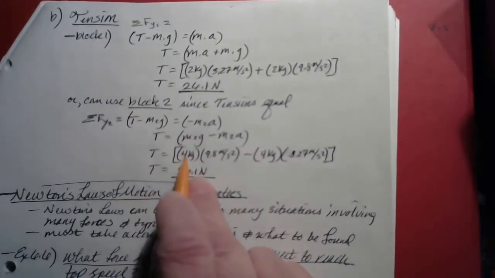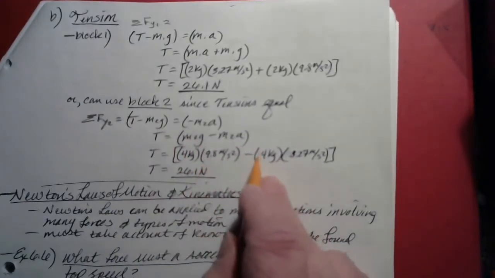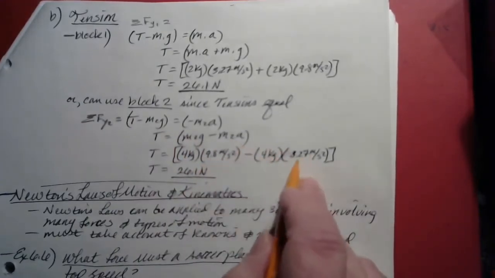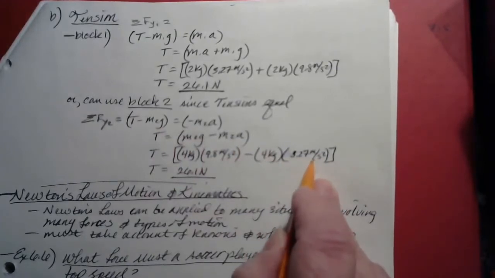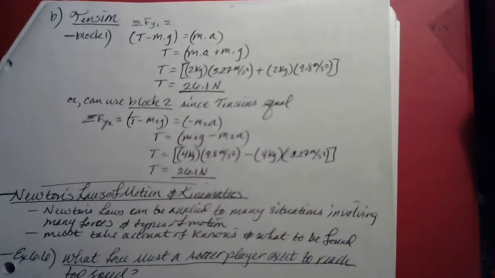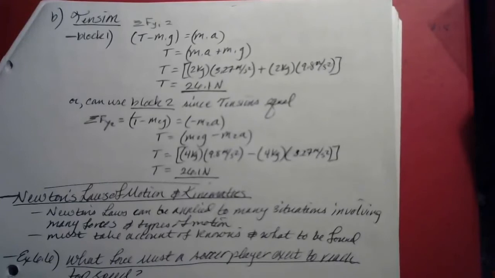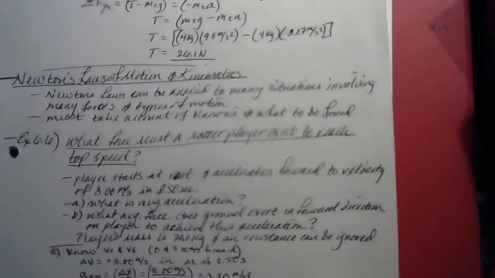And m2 is 4 kilograms times 9.8 meters per second squared, minus 4 kilograms times the acceleration, which is 3.27. When you work that out, you get 26.1. So we've basically proven that the tension is the same everywhere on the line.